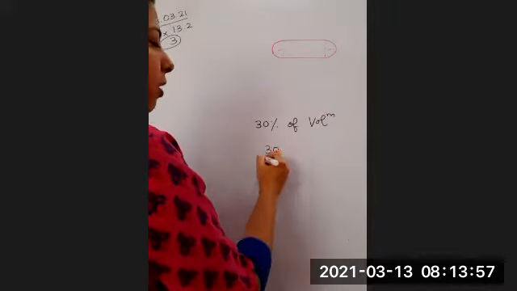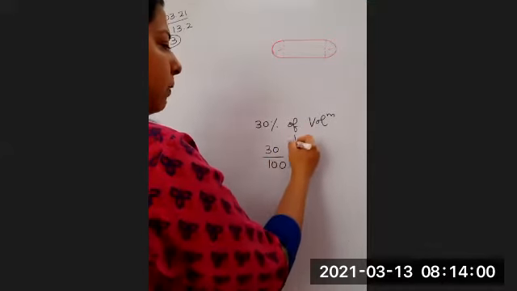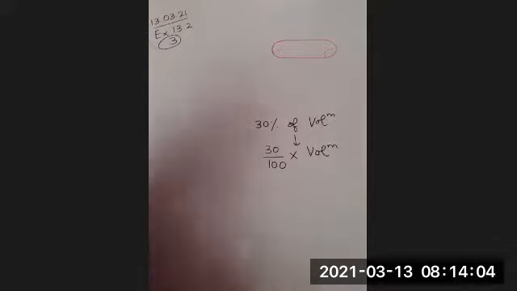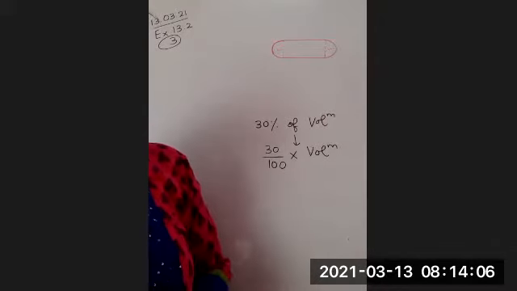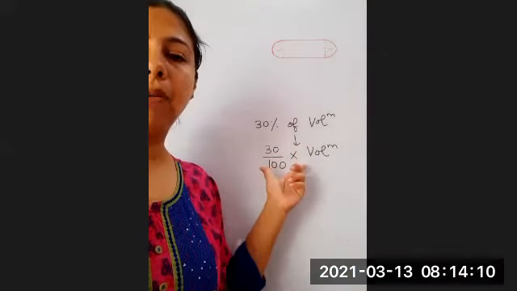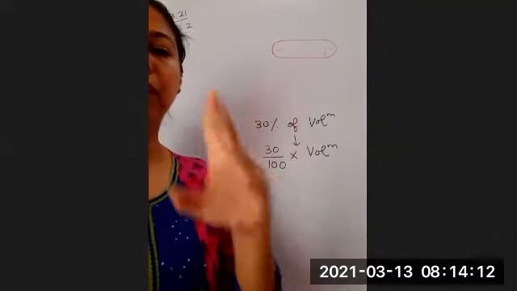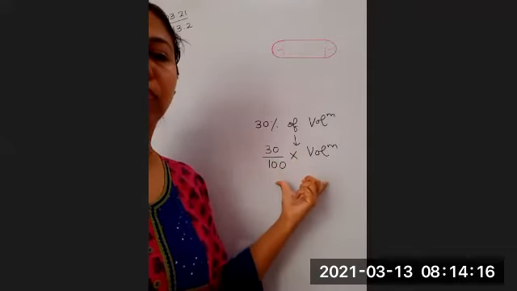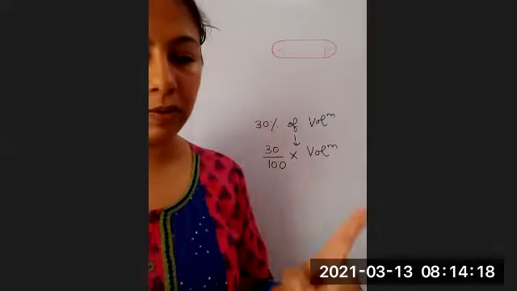Is it 30 upon 100 times the quantity? Is that what we mean by 30% of? Yes, ma'am. This formula will give me the amount of sugar syrup present in one gulab jamun.